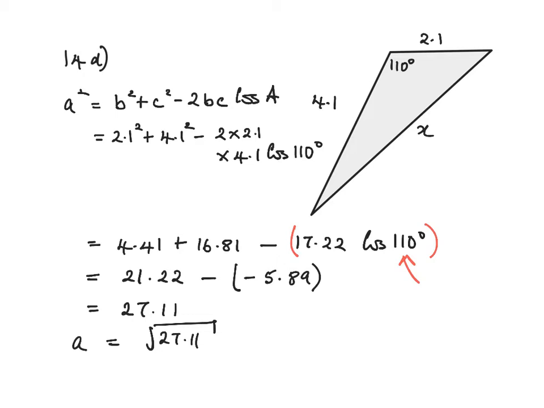It's on the calculator 5.2067, and we want three significant figures, so that 67 is going to round up and give us 5.21 centimetres.